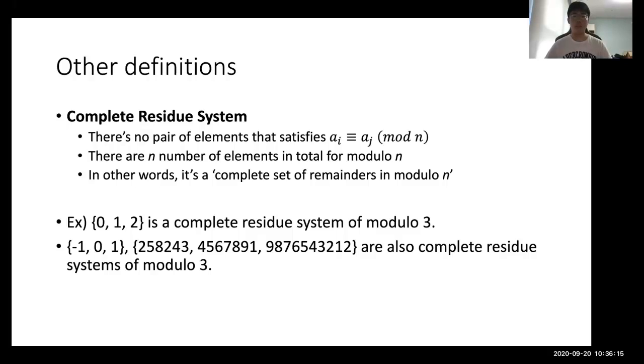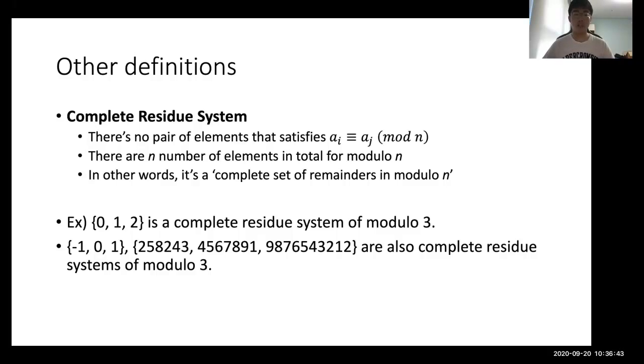There are some basic definitions that we have to cover before discussing what follows. A complete residual system is a set of numbers in which there's no pair of elements that satisfies Ai congruent to Aj in modulo n. There are n elements in total for modulo n. In other words, it's a complete set of remainders in modulo n.